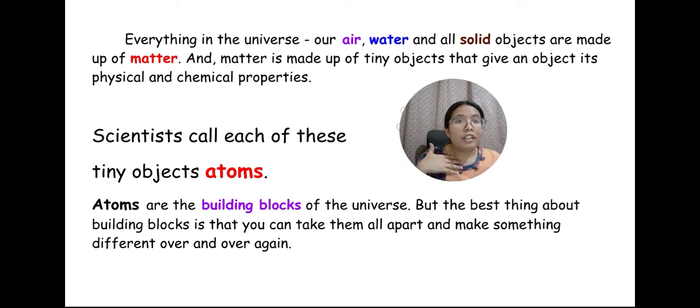So, in our next lessons, mas makikita natin kung ano nangyayari yung tinatanggal yung atom at gumagawa ulit ng bago. So, mas makikita natin yon at mas matututunan natin yon in our next lesson. For now, alam na natin na ang atoms ay building blocks na parang Lego na pwedeng tanggalin at pwedeng bumuo ng isang bagay. Okay? So, atoms are the tiny objects in every object. Okay? So, next.